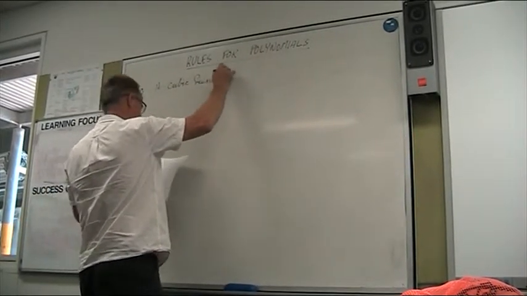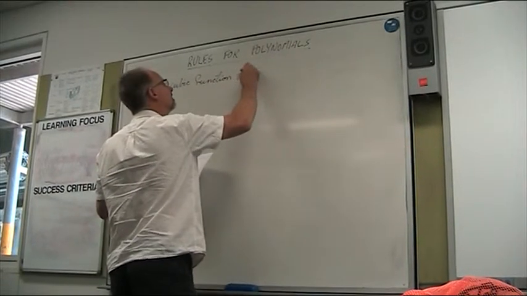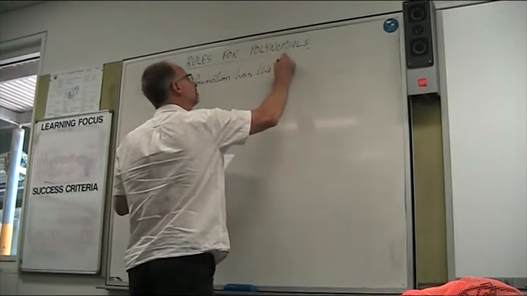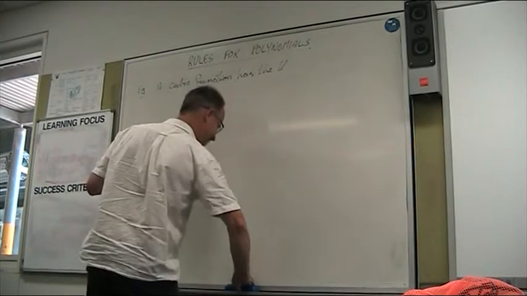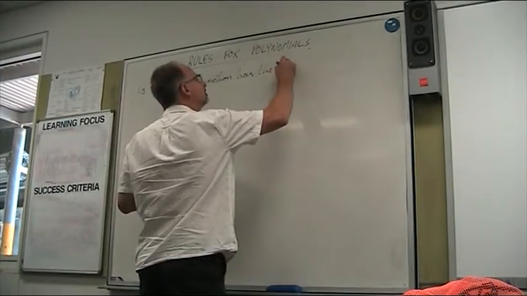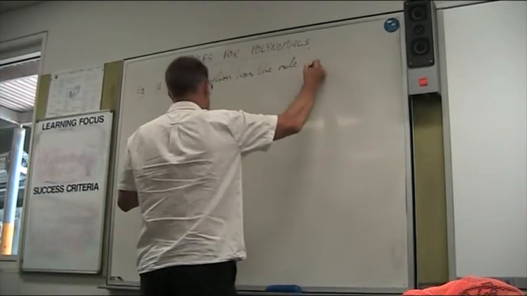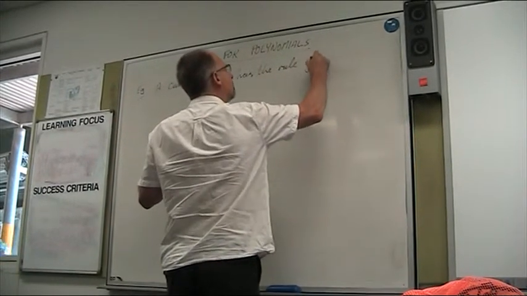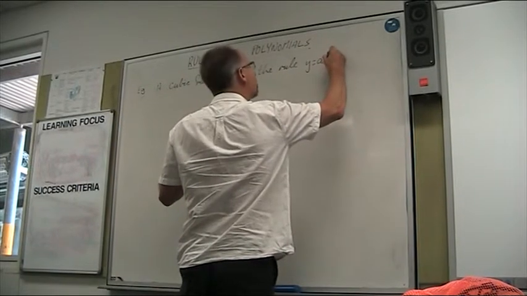So this one's a cubic, so we're given part of the rule. So that's y equals a, and then it's in factorised form.